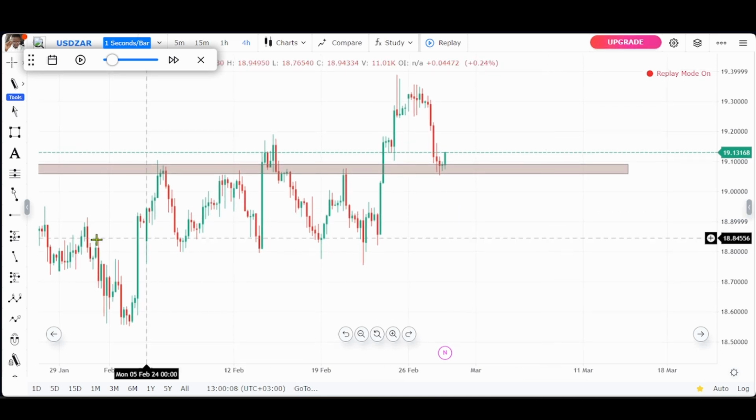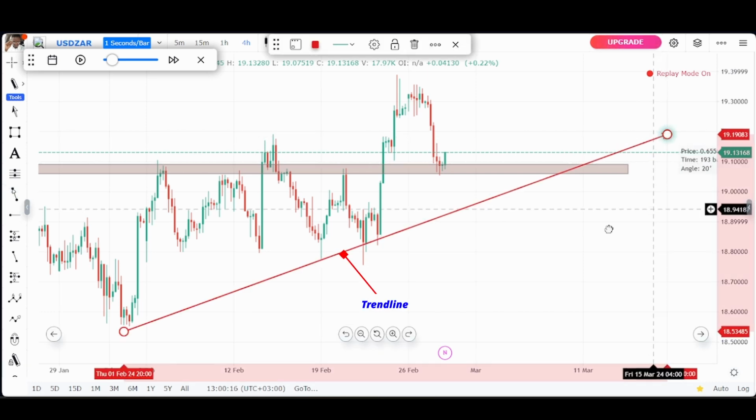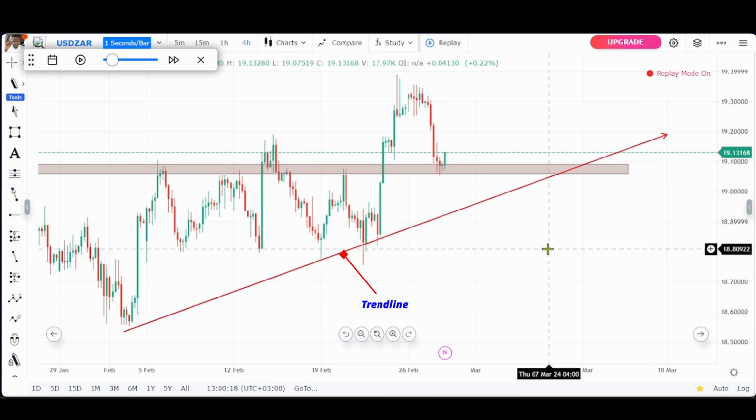We can see here that the market is bullish. From that angle, we can see the market has not broken the trend line. This means the market is still going up. It's considered an uptrend. What we want to see is two tops.